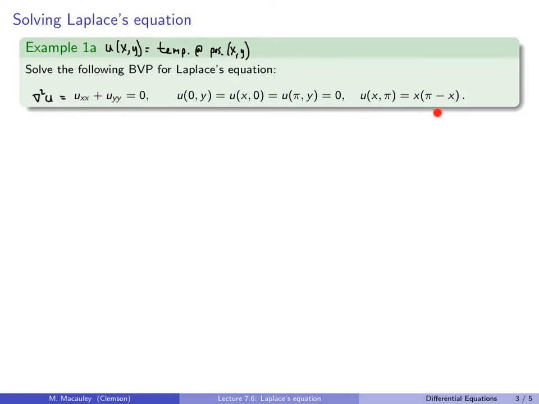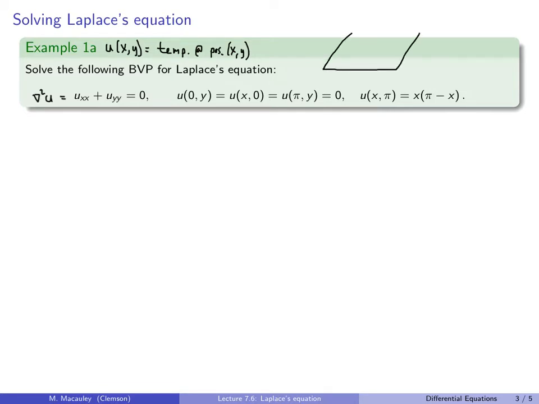And these are the boundary conditions. Notice that the boundary conditions happen when x and y are 0 and when x and y are pi, so we have a square region of length pi. Let me go over these boundary conditions one by one. First of all, let me sketch this square region. It looks something like this.